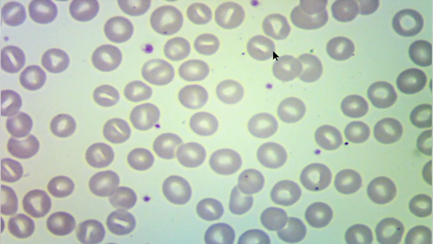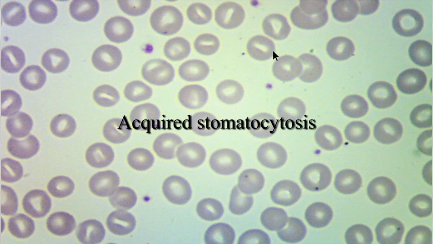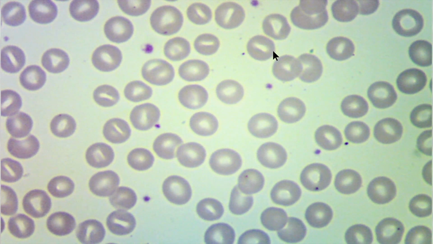In the case of acquired stomatocytosis, it can be seen in various conditions, such as liver disease due to alcoholism. In this case, what we see here is red blood cells demonstrating about 30% stomatocytes.